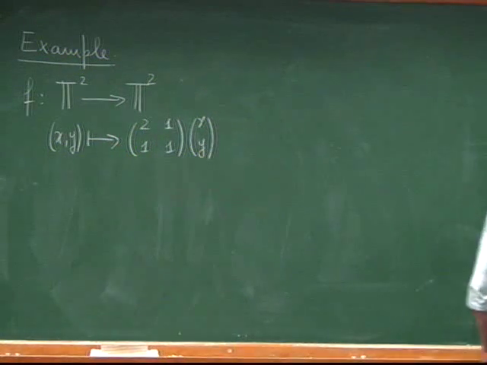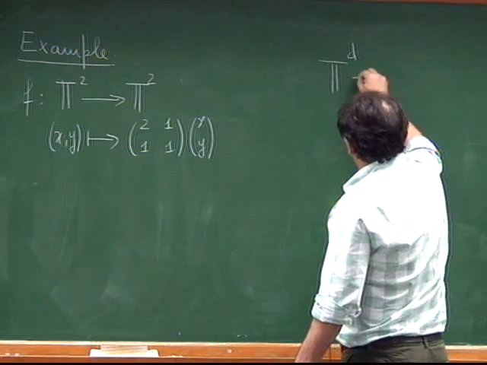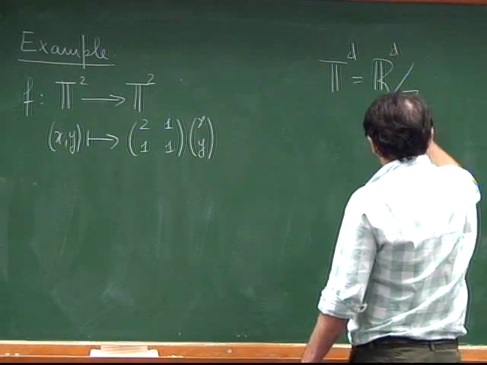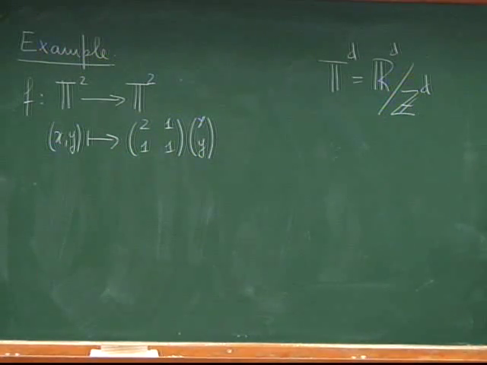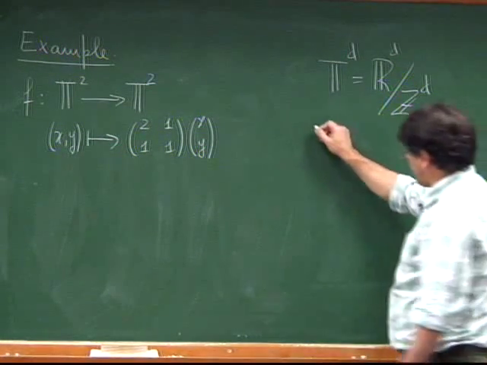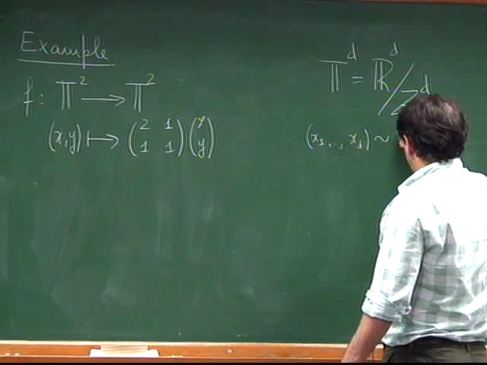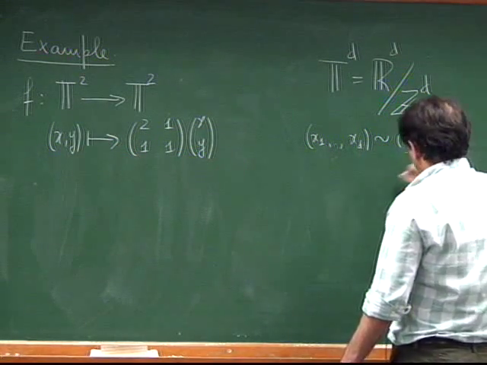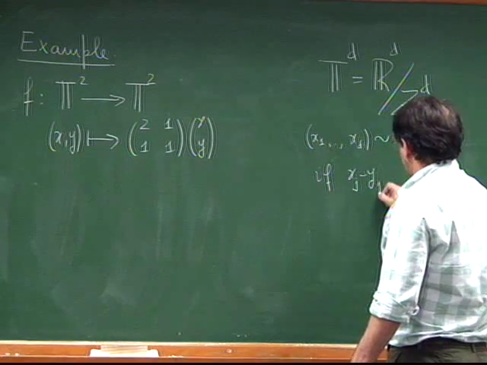Actually, I didn't recall what the torus is. For me, the torus is always R^d quotient Z^d. So the torus is just like R^d, except that you identify (x1, ..., xd) with (y1, ..., yd) if the difference xj minus yj is an integer.